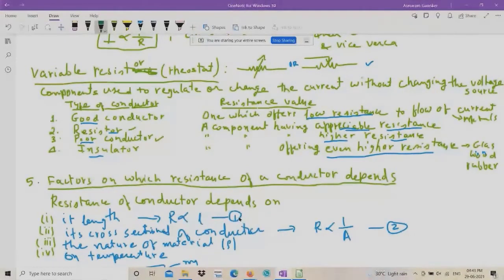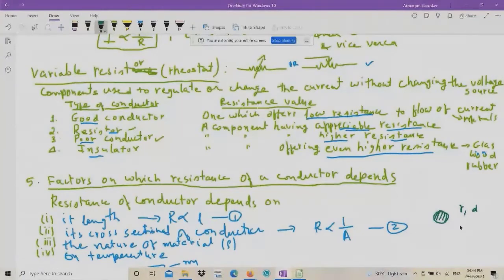Let me say this is equation 1. Then second, the resistance of a conductor depends on the cross-sectional area of the conductor, but it is inversely proportional. So resistance is inversely proportional to A, that is the cross-section. And what is cross-section? If you take a circular or cylindrical wire conductor and cut it, you will find the area, that area is the cross-sectional area, and it depends upon the radius or diameter of that wire.